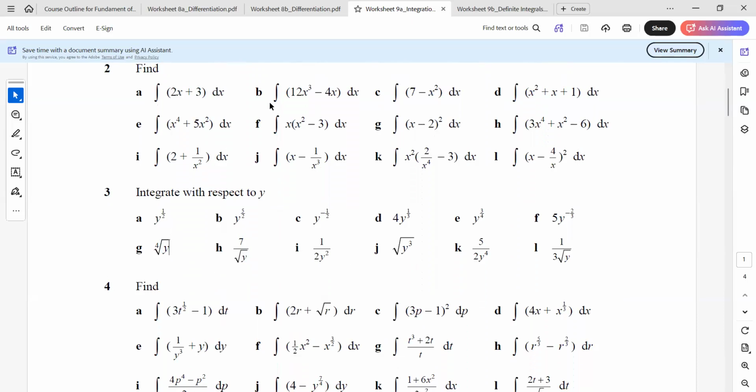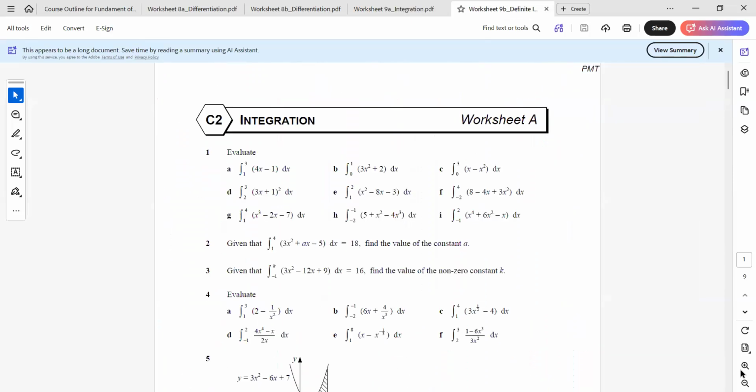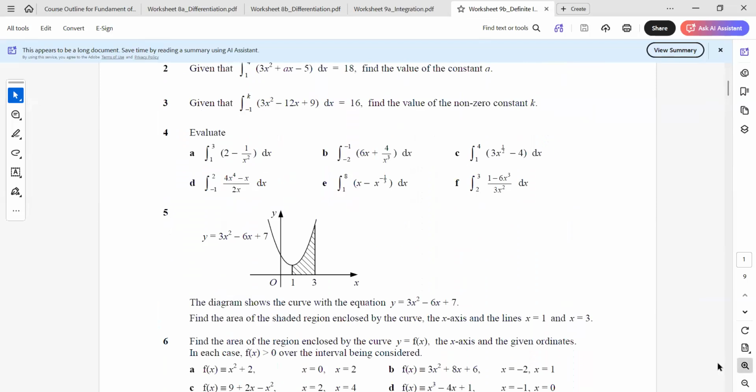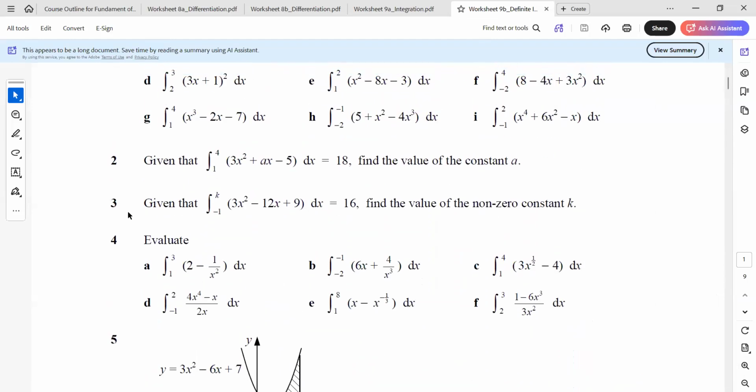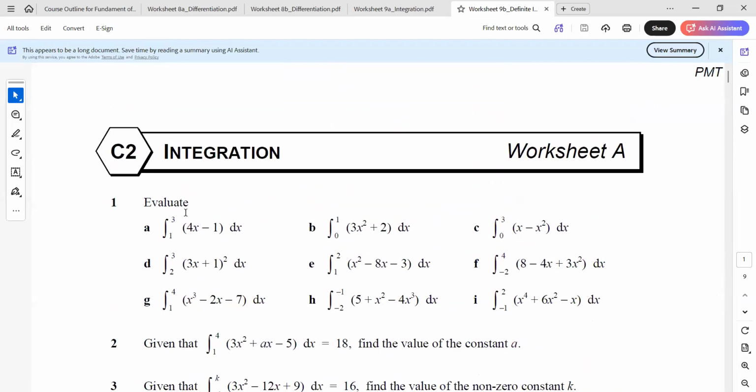Okay, so this is integration with indefinite integrals. Then you come across something like this. This one, I didn't have time to prep myself for, but let's all do it together. What if the question says integrate with respect to values? If you can do it manually, please do that.